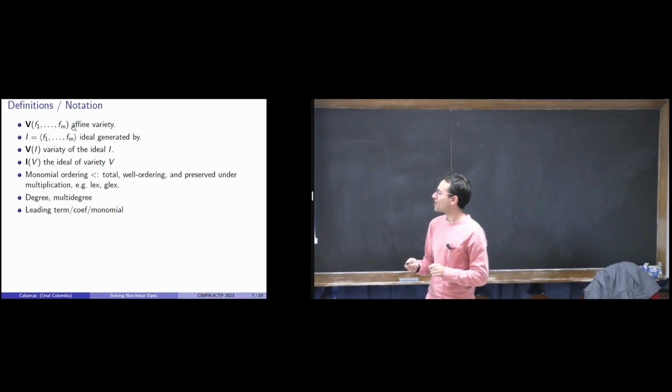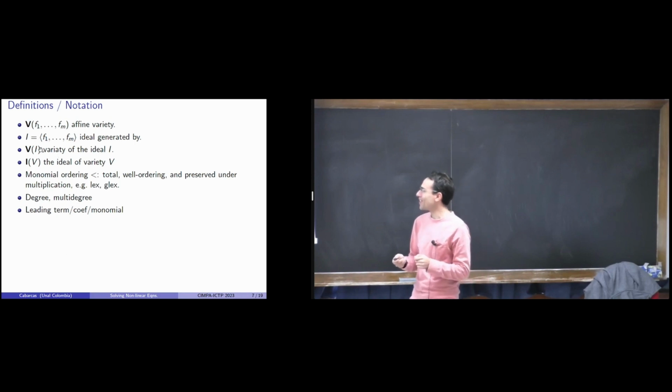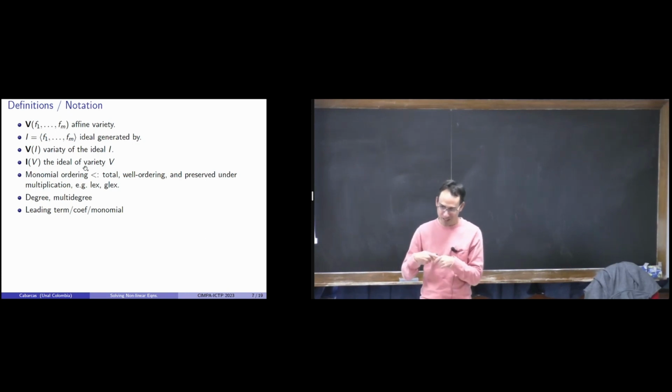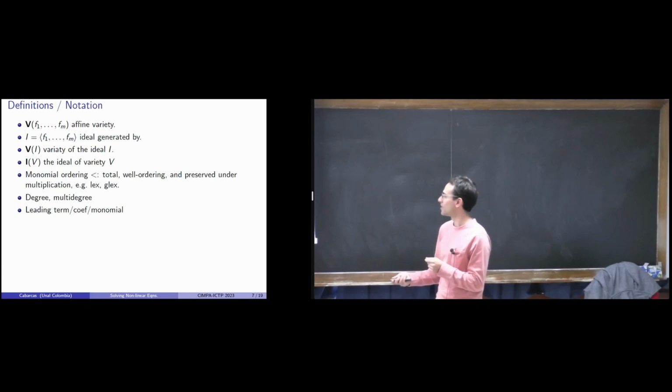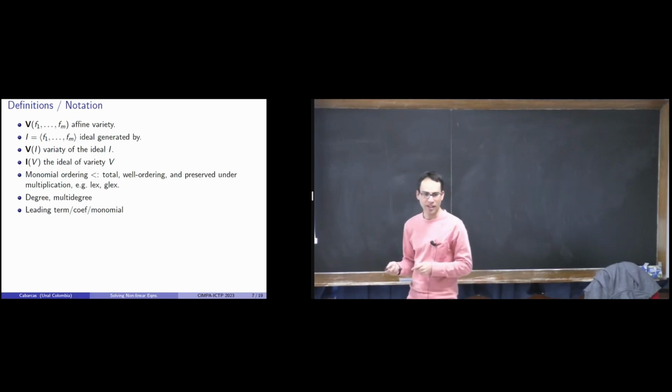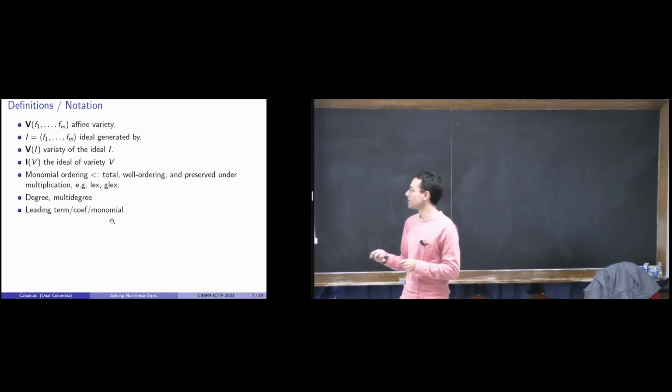And then you can talk about the ideal of the variety, which is the set of all polynomials that vanish on every point in the variety, or in any set actually. Next, we're going to need a monomial ordering.